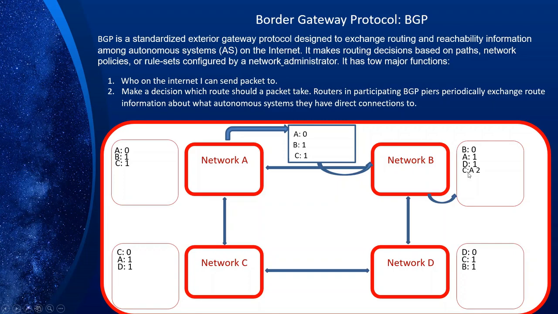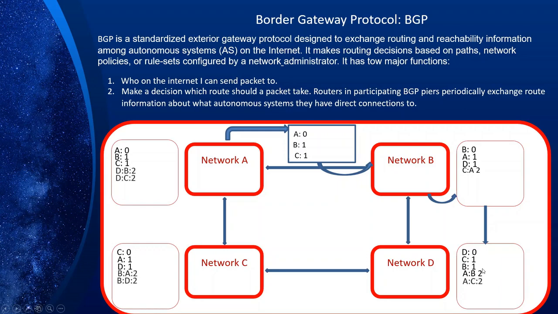So in order to get to C, it has to go through A, and the number of hops is 2. So B to C goes to A and then C. And B also shares the same information with D, and then D also now updates its information. Now D knows how to get to A, it needs to go through B, and the number of hops is 2.